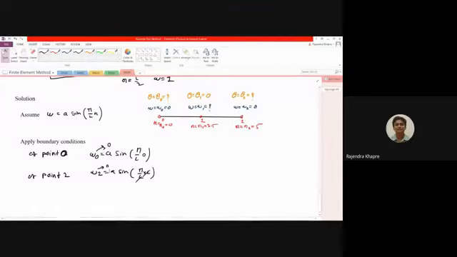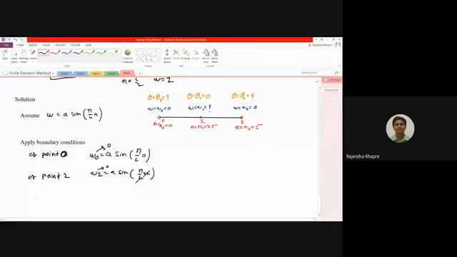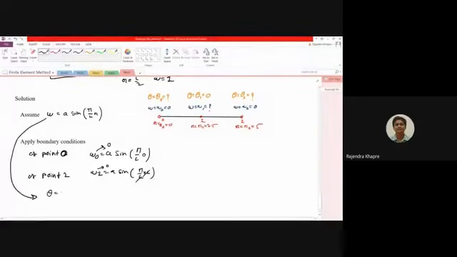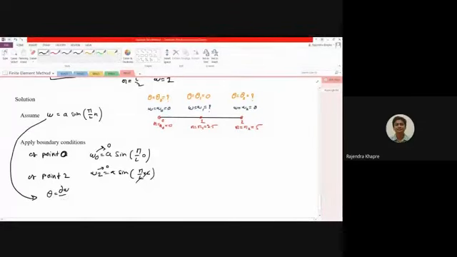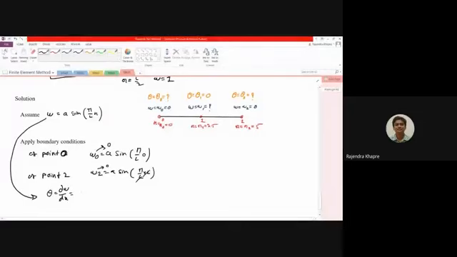But if you take this w value and go for a slope, theta can be calculated as dw by dx. So here can anybody tell me what will be the derivative of this theta? dw by dx, anybody?